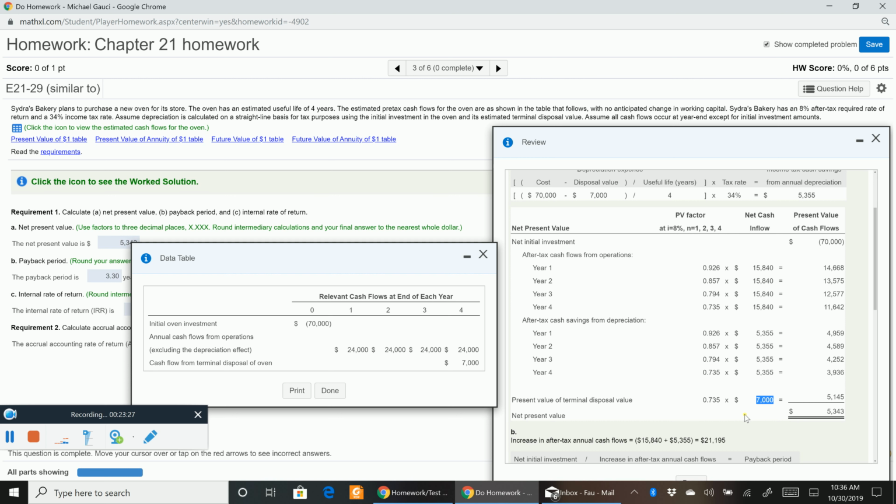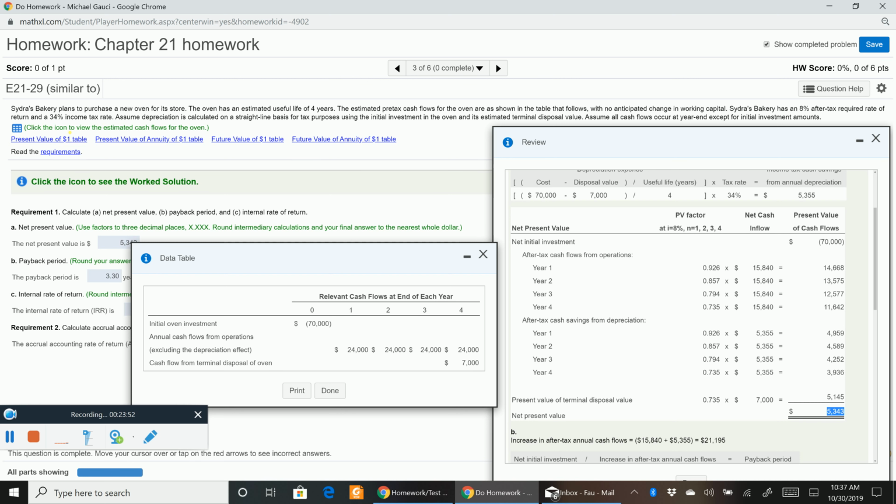And if I go to my present value of a dollar table, I go to the 8% column. At the end of year 4, it's 0.735. So if we do the math in this last column, the net present value of the project is positive $5,343. I know I keep mentioning going to the appendix of your textbook, but as I said, you can also come here.